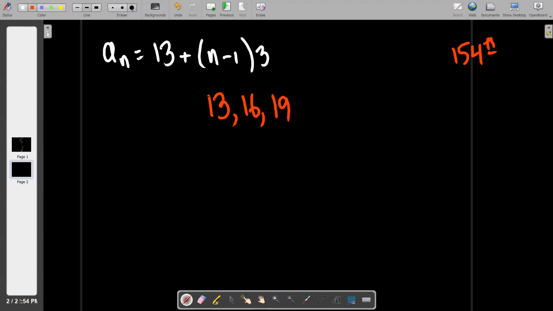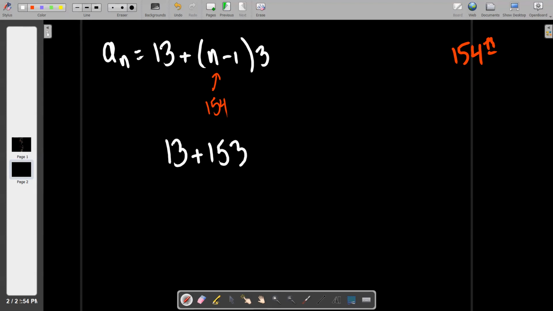So if you had a calculator out, rather than writing out all 154 terms, you could just put a 154 right there. And then what you type into your calculator is actually 13 plus 153 times 3.